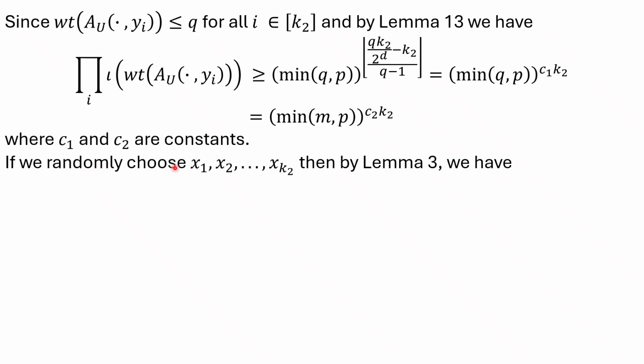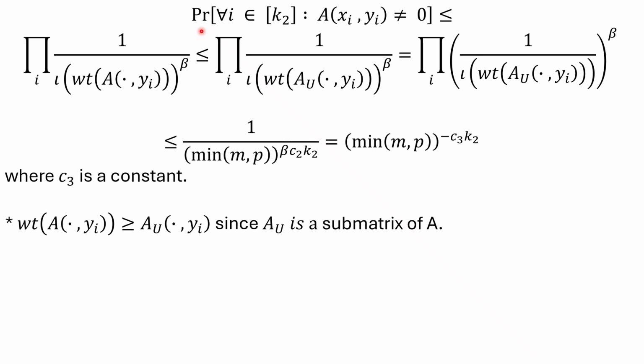If we randomly choose x1 to xk2, then by lemma 3 we have probability that for all I in K2, AXIYI is not 0, less than or equal to the multiplier of 1 divided by L of the weight of A, YI to the power of beta. Here we have some algebraic math that we saw similar to what we saw earlier for C3 that is a constant.